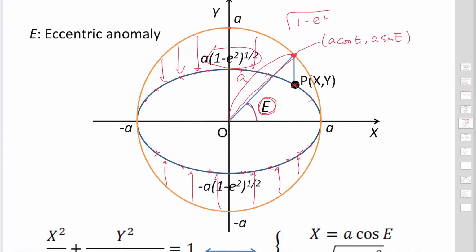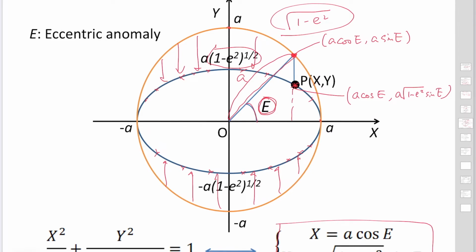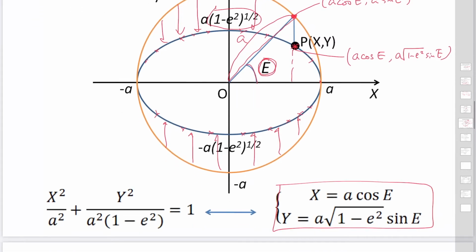As I explained, the elliptical orbit is compressed by this factor. So the x coordinate doesn't change: A cosine E. The y coordinate is compressed by the factor of the square root of 1 minus e squared: A square root of 1 minus e squared sine E. So these are the expressions using the eccentric anomaly for the x coordinate and the y coordinate.